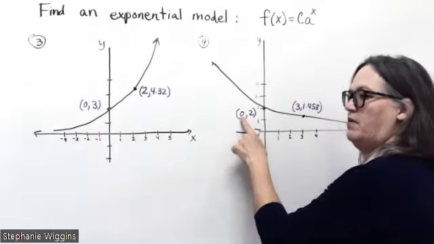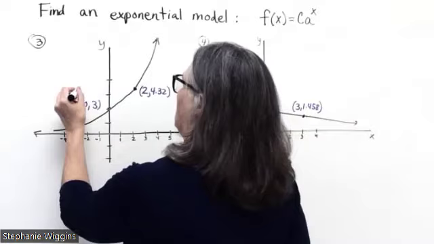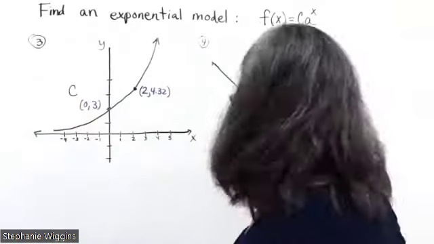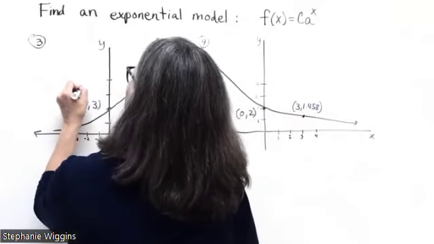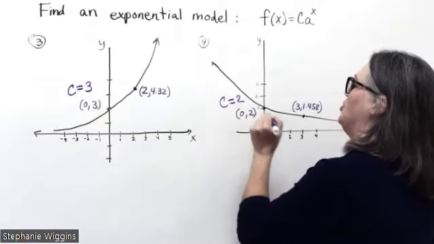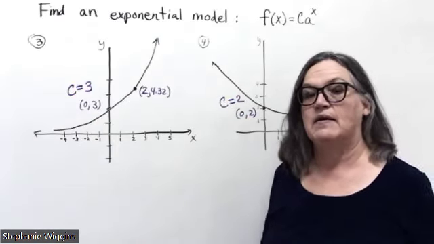And here, if I plug in 0, I get 2 as an output. So we can see right from this information, we have that C is 3, and here we see that C is equal to 2. So now for each of these graphs, we just need to find A.